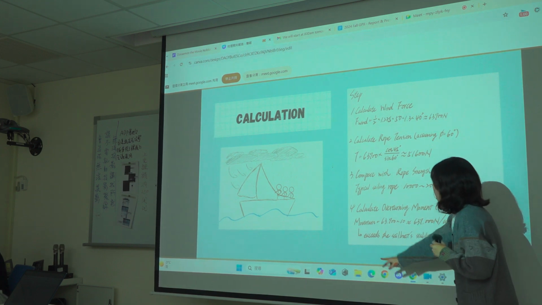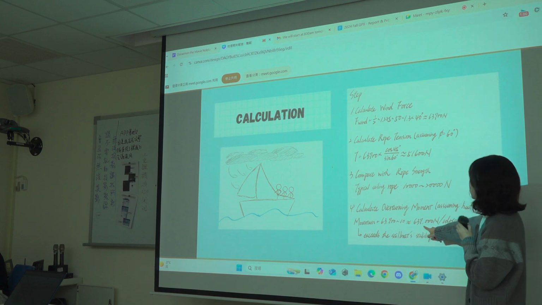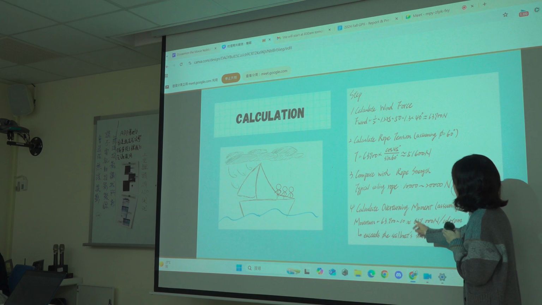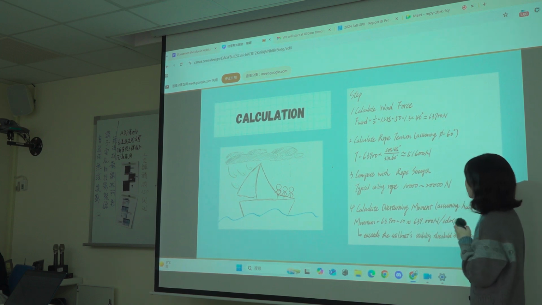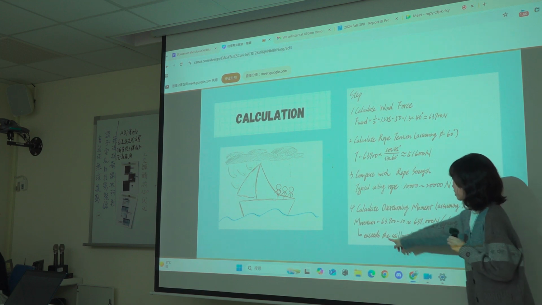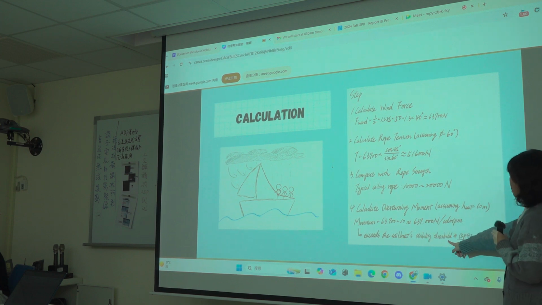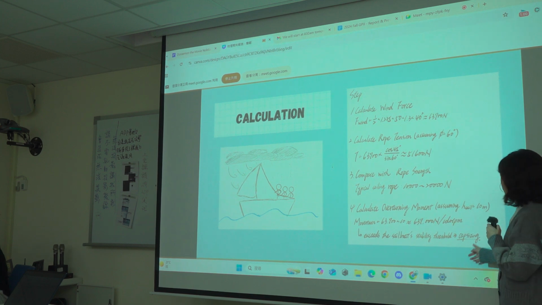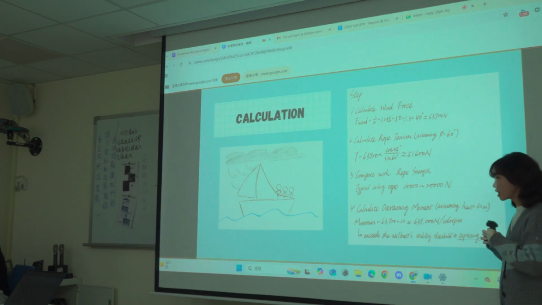So I calculate the moment, it's maybe about 637, and the sailboat will not stay stable, so it will capsize.